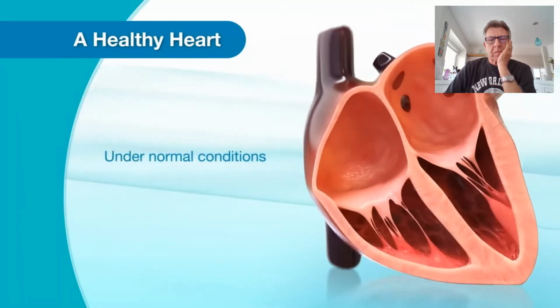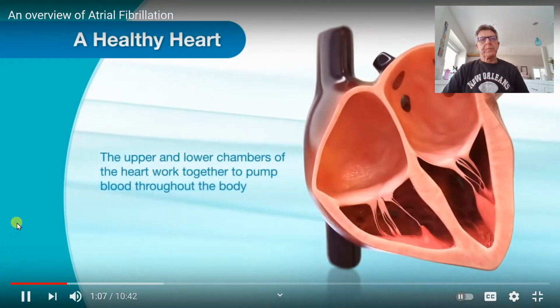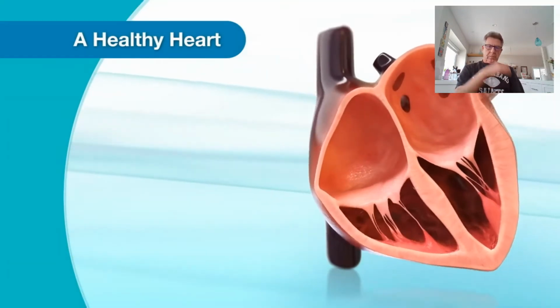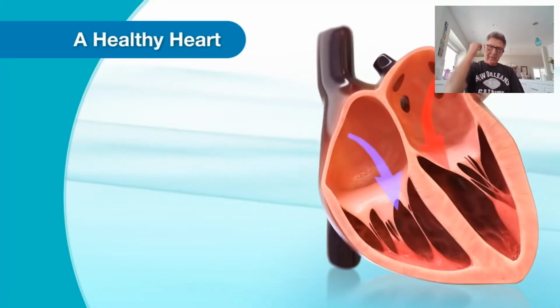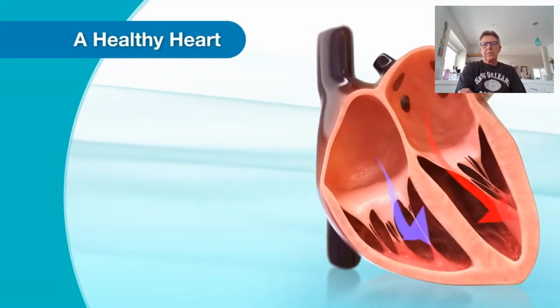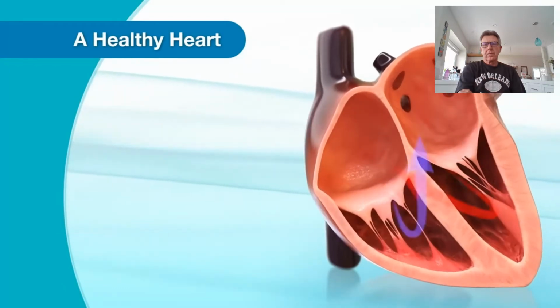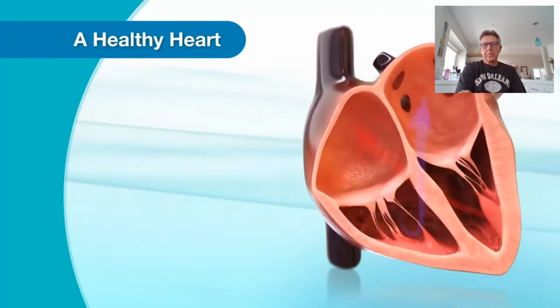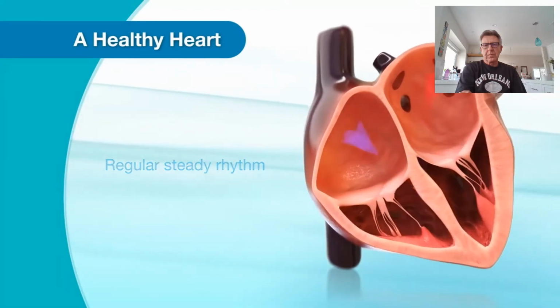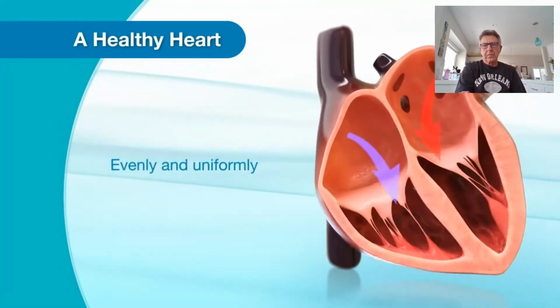Under normal conditions, the upper and lower chambers of the heart work together to pump blood throughout the body. The bloodstream enters the atrium where blood is pumped to the ventricles in a regular and coordinated way. From there, blood is pumped from the ventricles to various parts of the body. A healthy heart beats in a regular, steady rhythm or pattern. Notice how the heart beats evenly and uniformly.